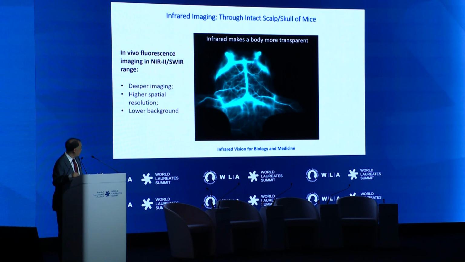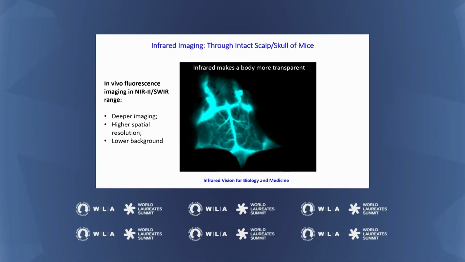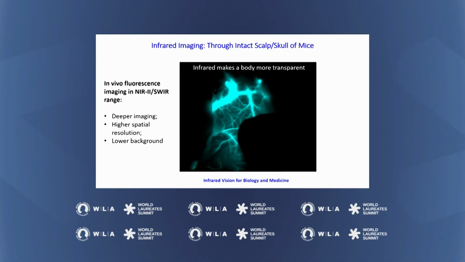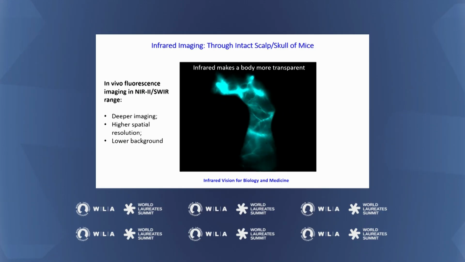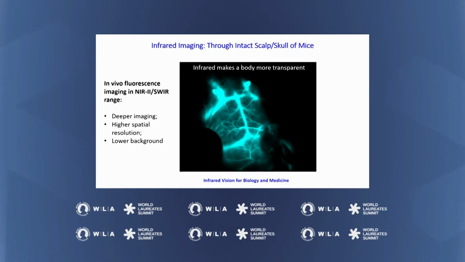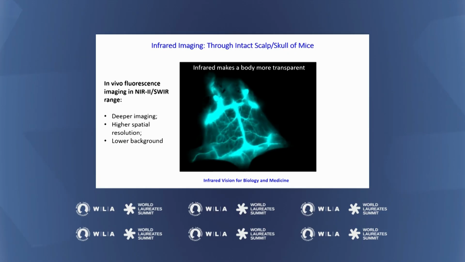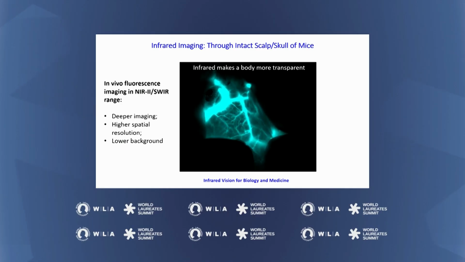So here is a movie of a mouse head. We can do infrared fluorescence imaging, penetrating through the skull and the scalp of a mouse and directly looking into the mouse cerebral vasculature, non-invasively. We didn't open up the mouse or anything. So we have such infrared vision going into the body.